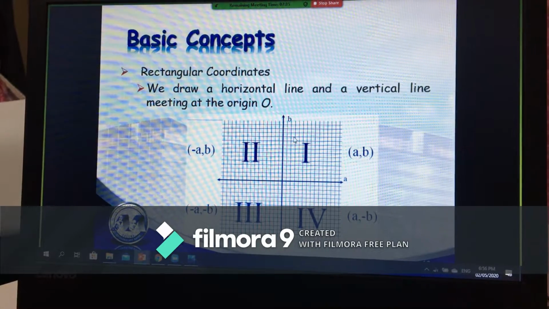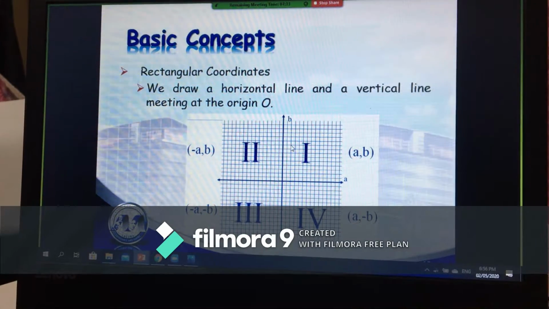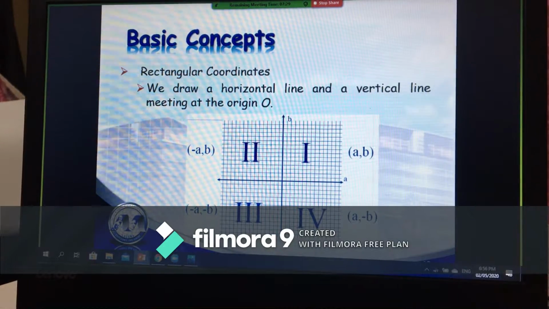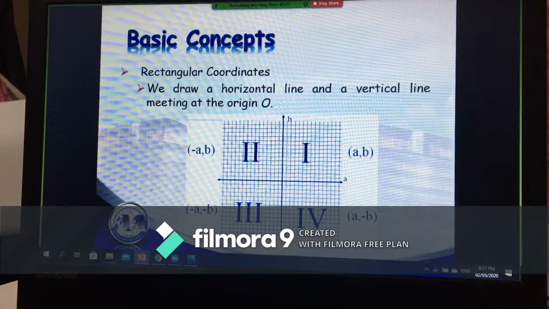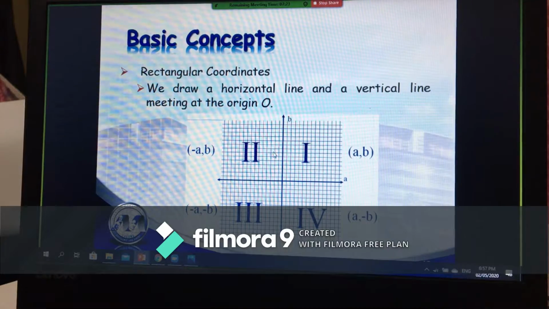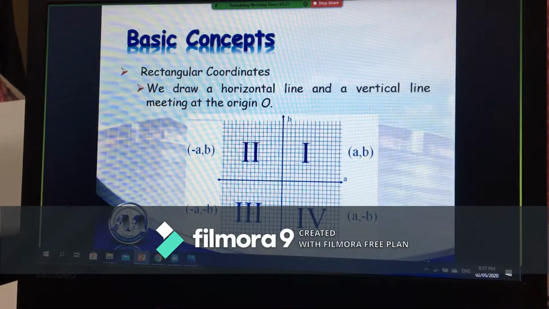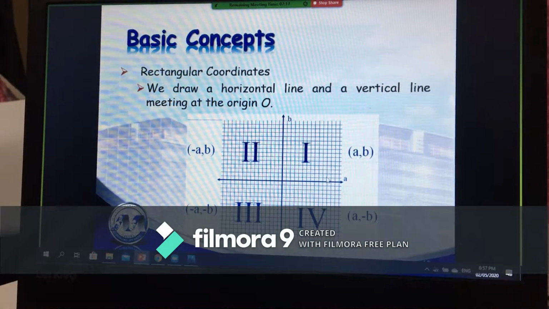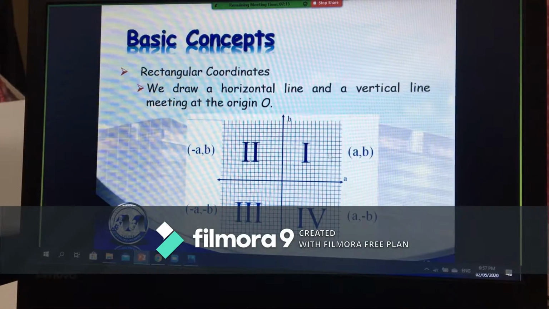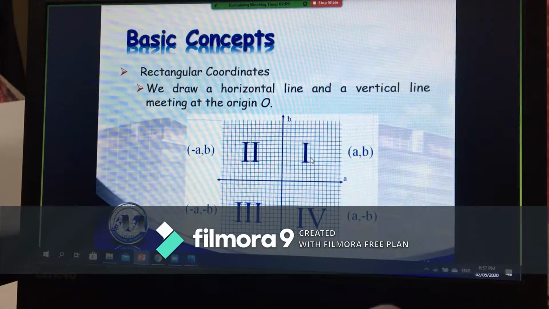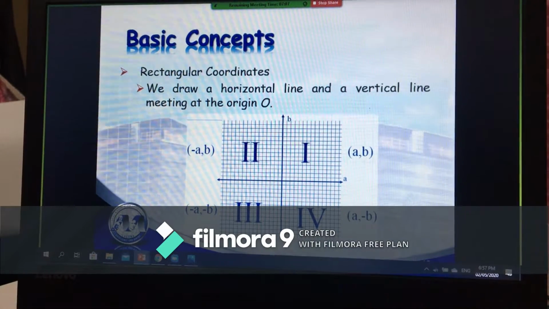And now the surface or the coordinate system is divided into 4 quadrants. Ang tawag nito, class, quadrants. Now we have quadrant number 1, quadrant number 2, quadrant number 3, quadrant number 4. Okay? Now, any point on each quadrant, meron siyang corresponding 2 values.